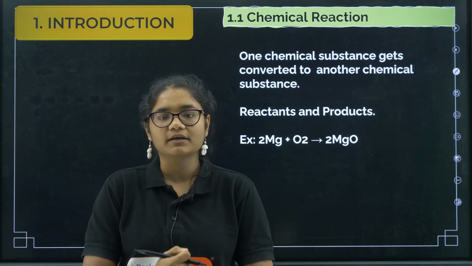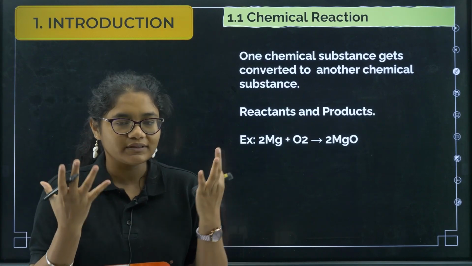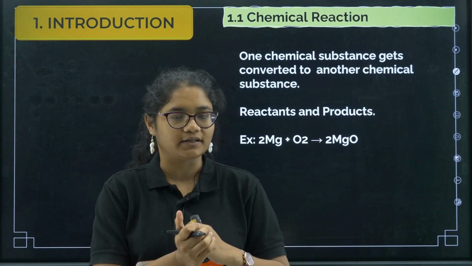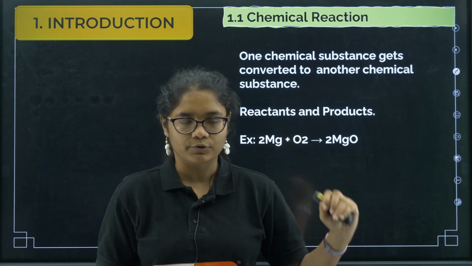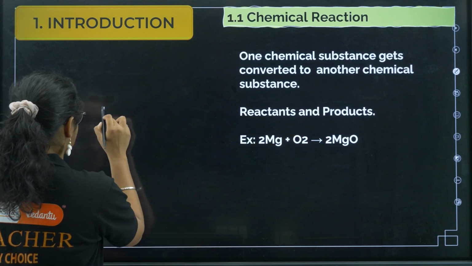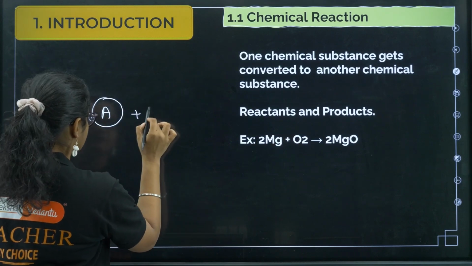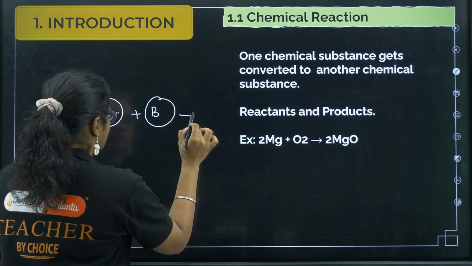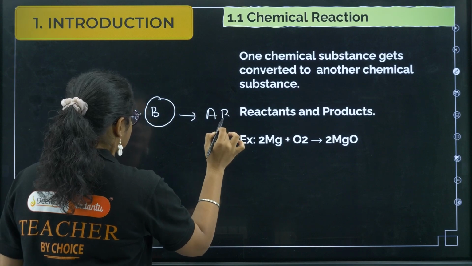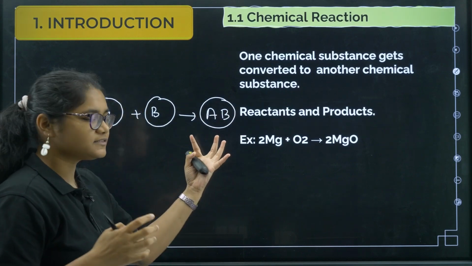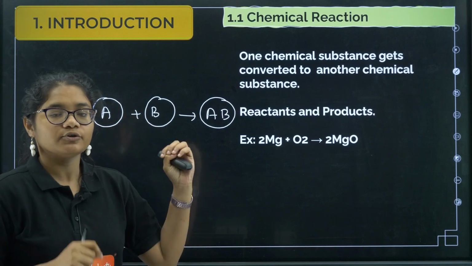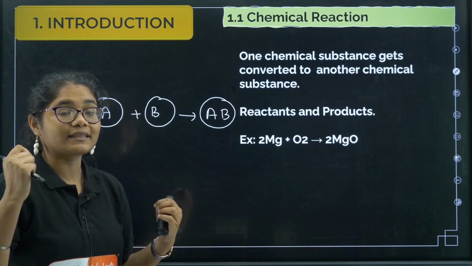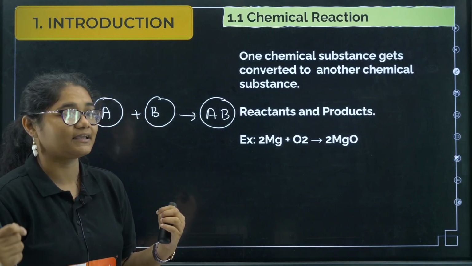So what is a chemical reaction? Whenever 2 things react with each other to give you a new product, that is called a chemical reaction. For example, A reacts with B to give you AB, and the properties of AB are completely different from A and B. In that case, we say a chemical reaction has taken place.